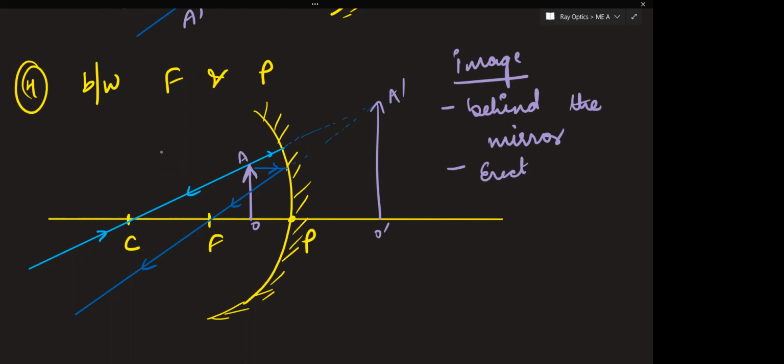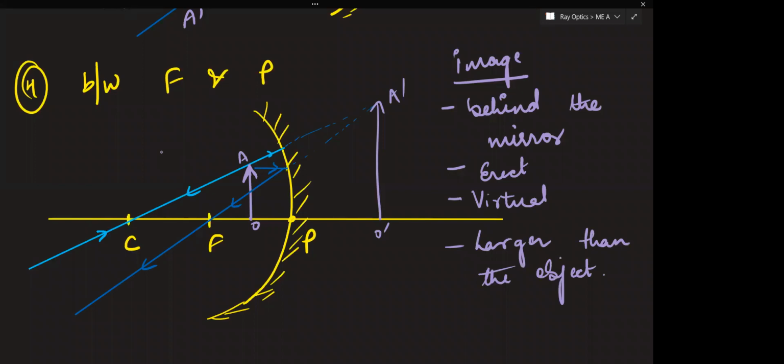See, the light rays are not actually meeting. They're appearing to meet at a point. So this is virtual as well. And regarding the size, it is larger than the object. Got it? These are the points for the concave mirror.